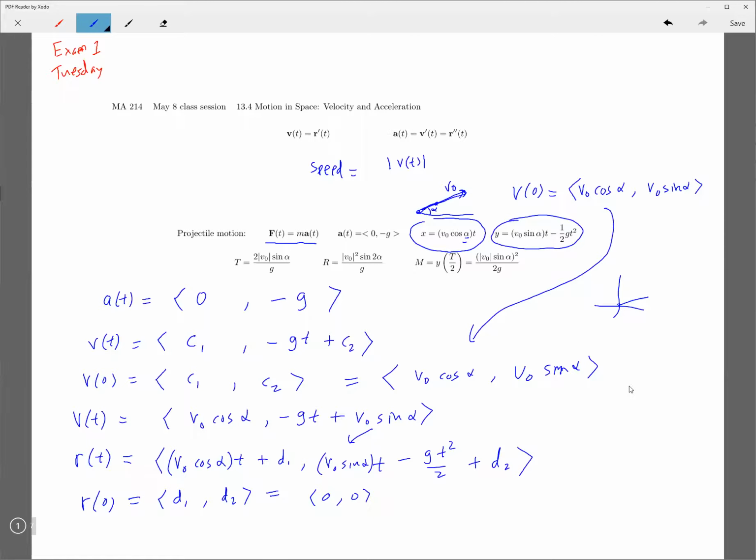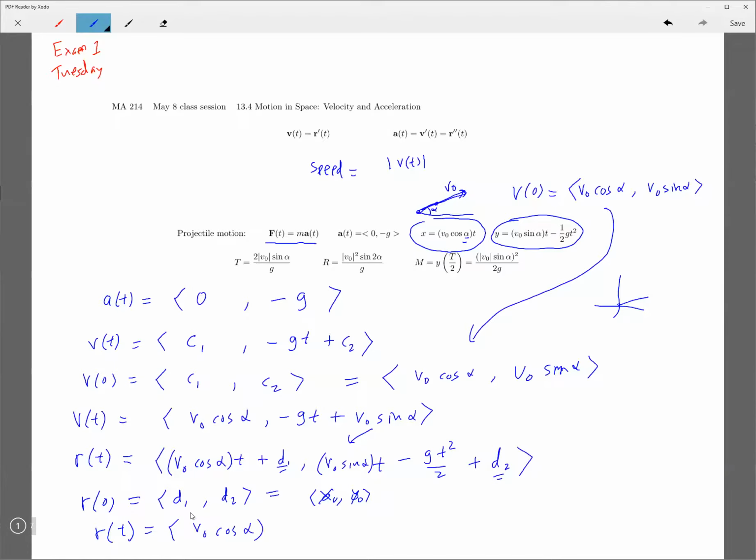Now, if you're launching it from a point off the ground, or not launching at the origin, in other words, then these could be different. Okay, so maybe that's x0, y0. So in that case, those are what your constants are going to be.